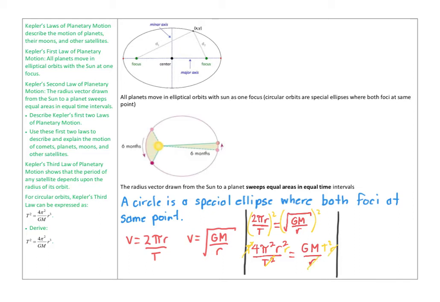So that r and that r now cancel. Then we want to get rid of the GM here, so we're going to divide this side by GM, and this side by GM. That cancels, that cancels.